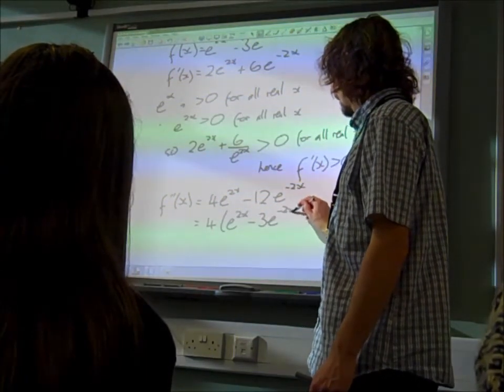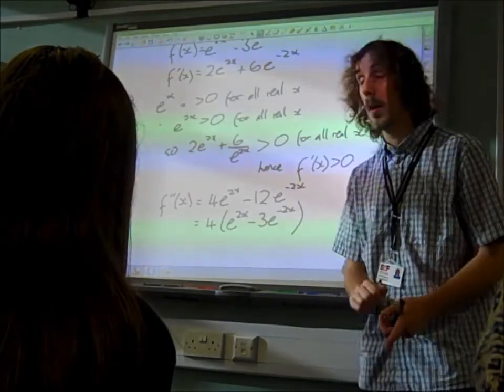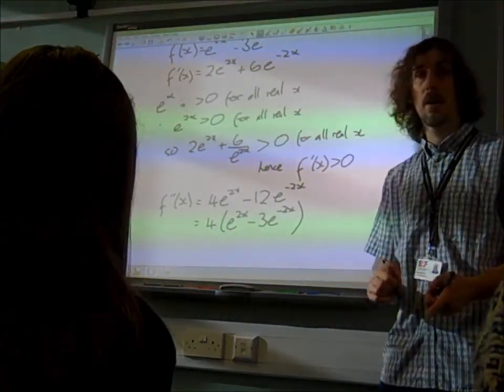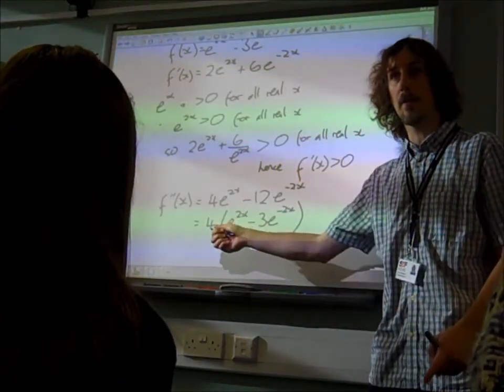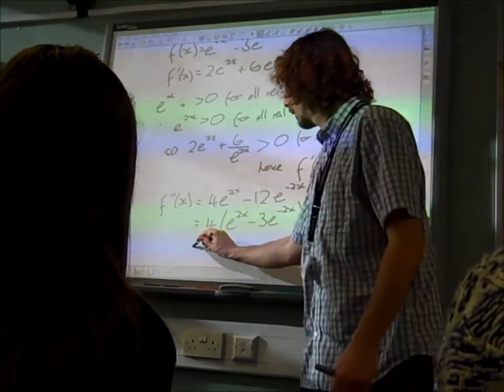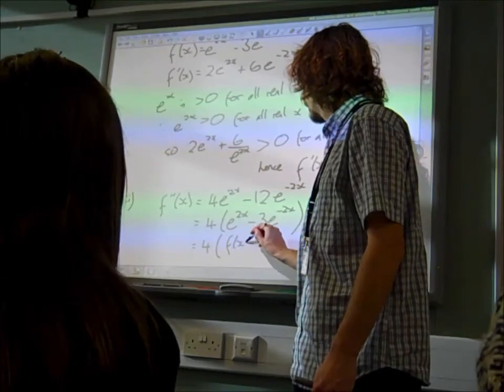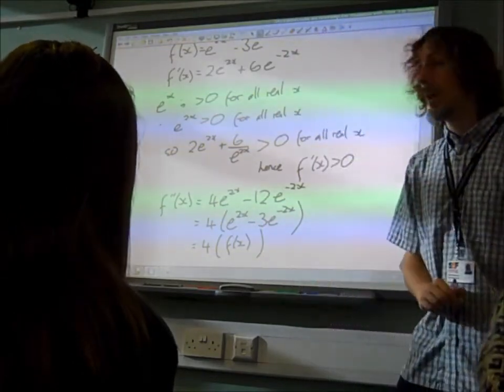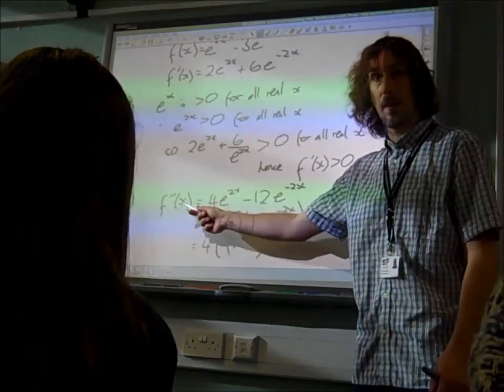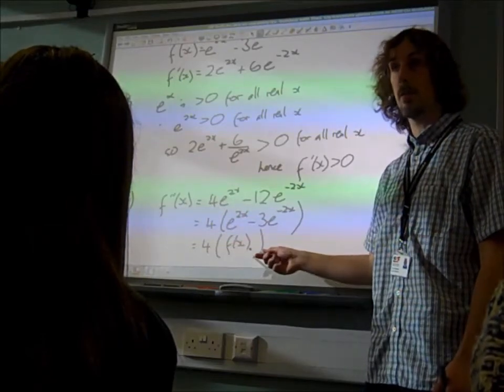Once we've taken out our common factor of 4, then we realise that actually we've just written 4 times the original function, haven't we? So the second derivative is the same as 4 times the original function.